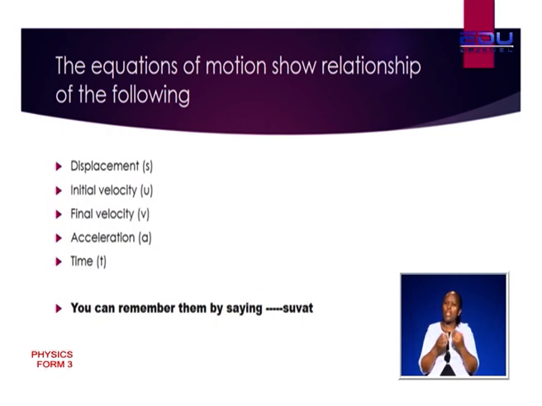Then we have the final velocity, represented by the letter v. This is the rate of change of displacement towards the end of the motion. Then the acceleration, which is represented by the letter a.